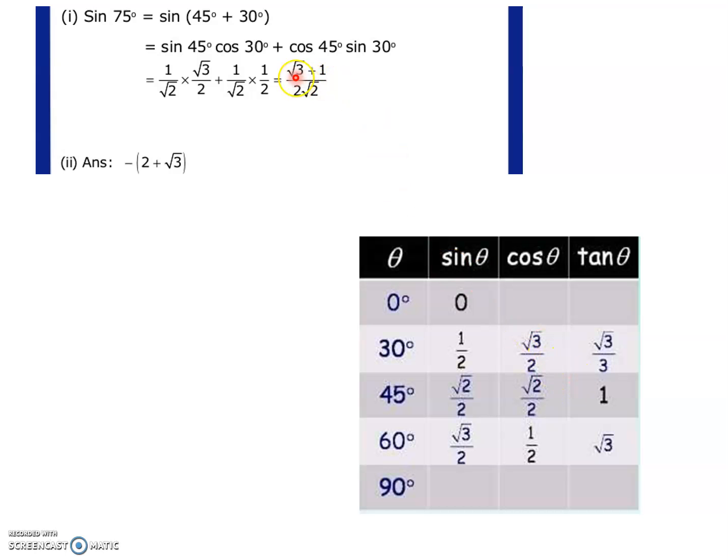Cos 45 is 1 upon root 2. Sin 30 is 1 upon 2. So the final answer, after simplification, is root 3 plus 1 upon 2 root 2.